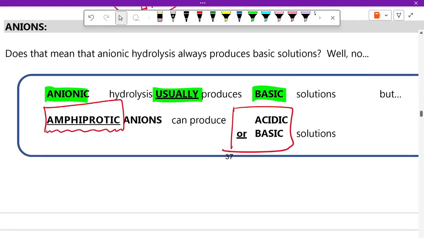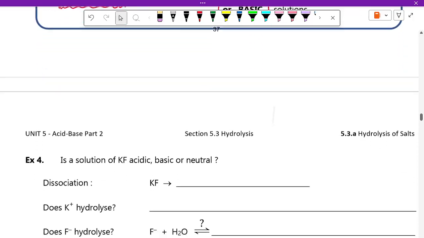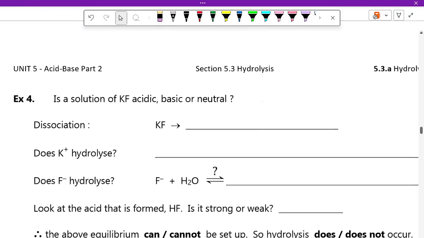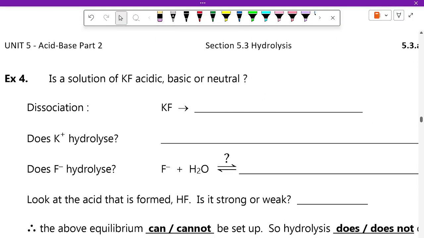Okay? Is a solution of KF acidic, basic, or neutral? Remember, step one, you always have to do the dissociation. So you have to dissociate that into K plus and F minus.